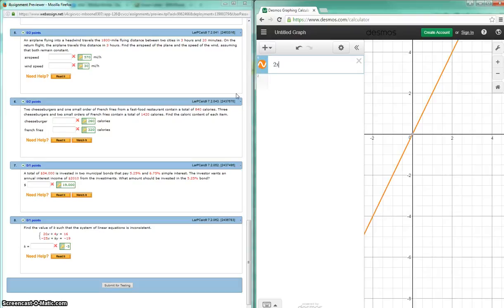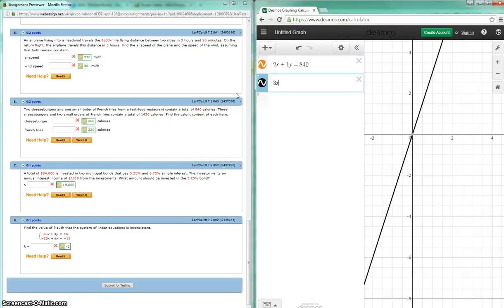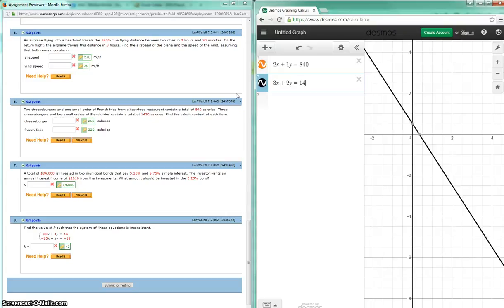So if I have 2 cheeseburgers and 1 fry, the total caloric intake is 840. My next equation says I have 3 cheeseburgers and 2 small fries, and that equals 1420. That will let me find the caloric intake of both of them.